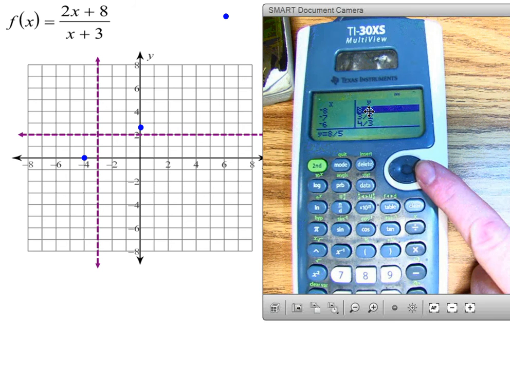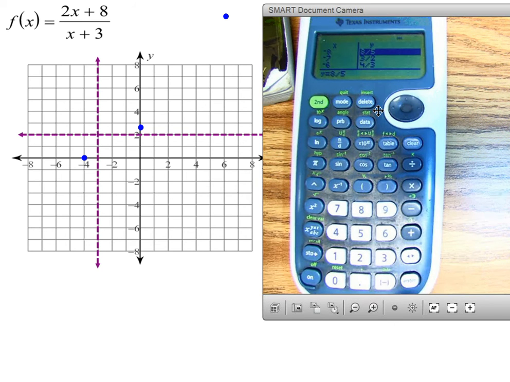So 8/5, if I toggle over here and hit this little back and forth arrow, it changes my y value into a decimal. That's 1.6. So at -8, I'm at 1.6, which is right here.